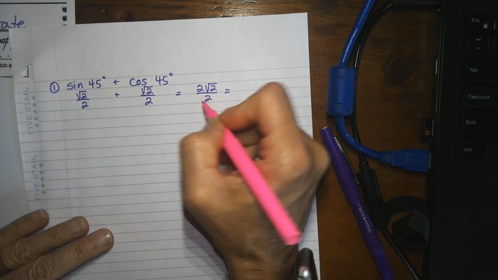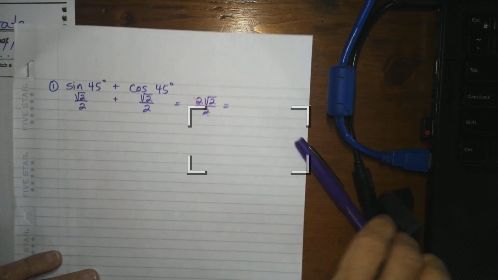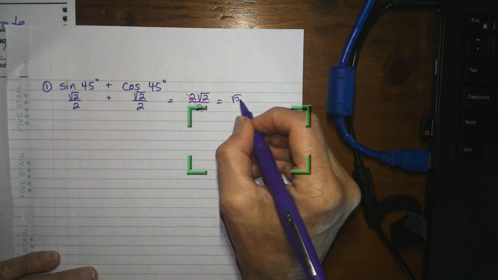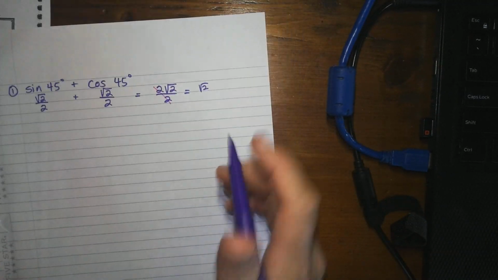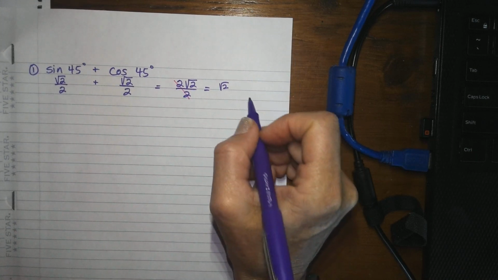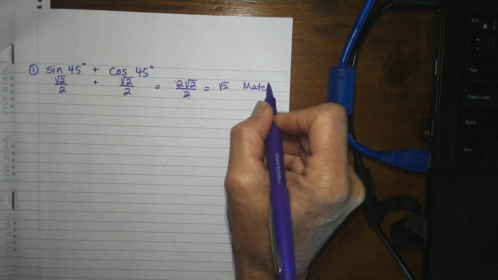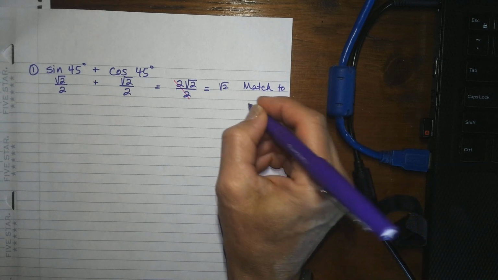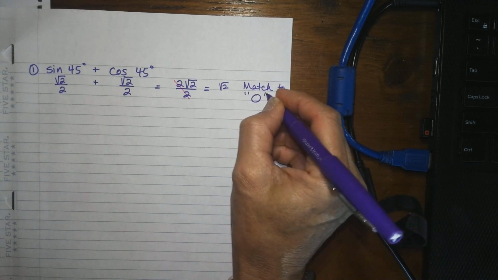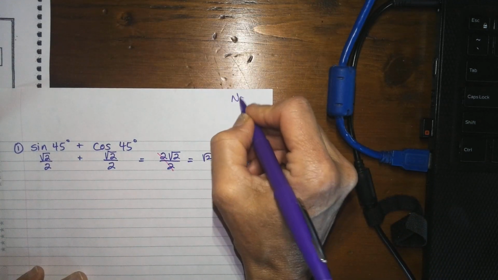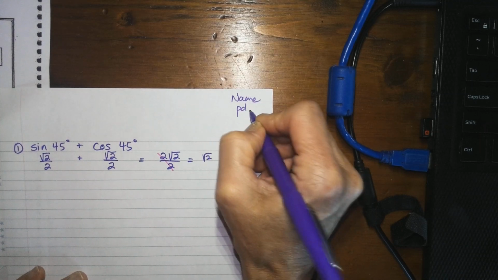This, of course, will cancel out. Your final answer is √2, and you're going to match that to O. Make sure you put your name and your period.